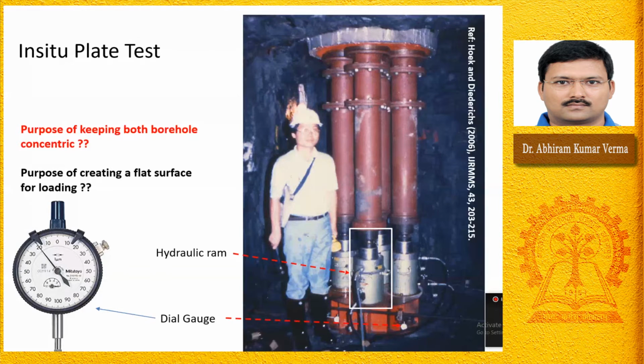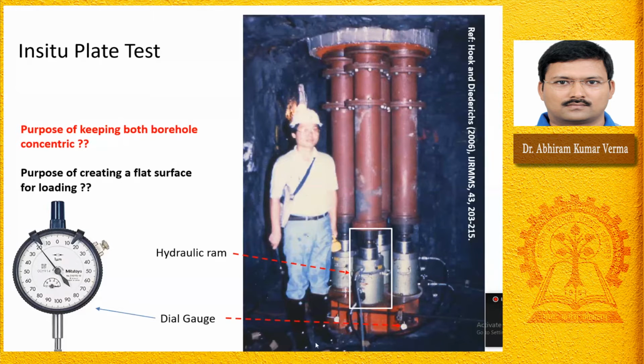And what devices are there to measure this deformation? In this figure, you will see that we have a dial gauge. A dial gauge is something like this, a dial in which the deformation is shown. This telescopic arm will get deformed, and the hand of this gauge is going to move.